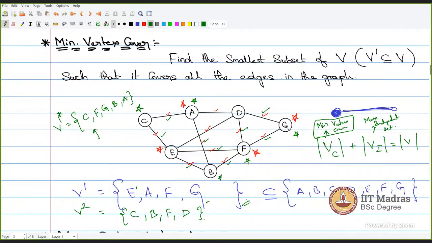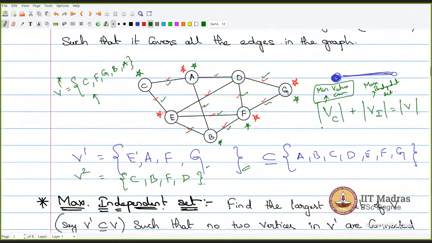But if you have even one edge in your graph, at least one of its endpoint vertices should be in your vertex cover, which makes the minimum vertex cover not a null set or phi.